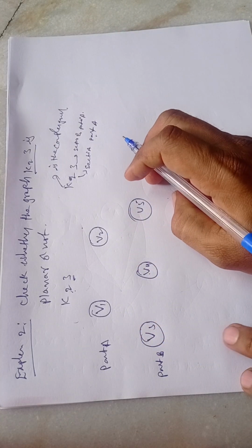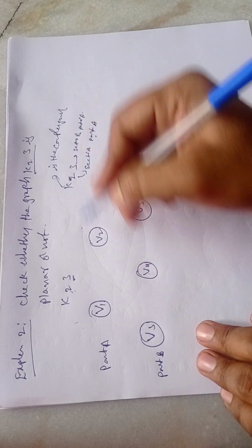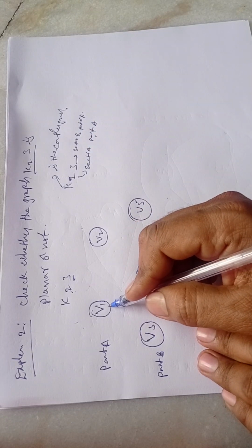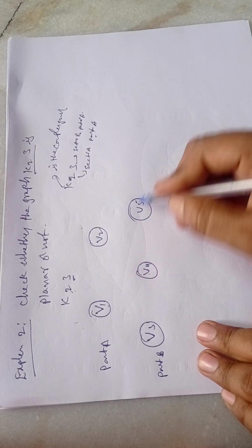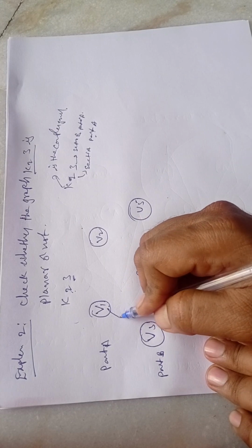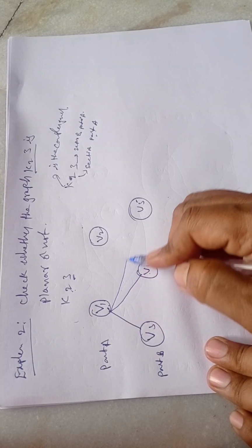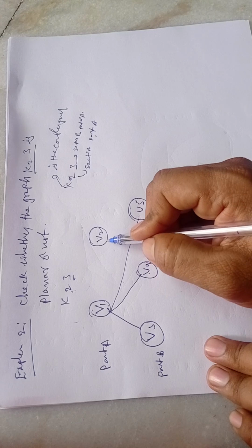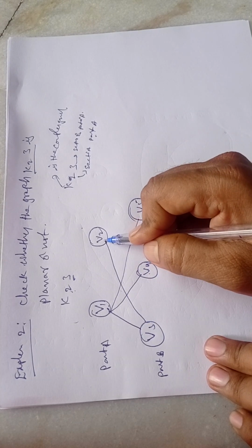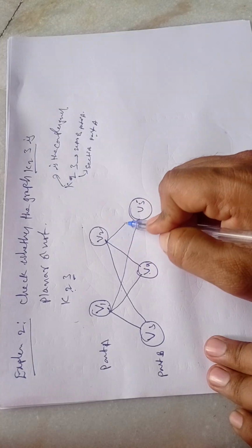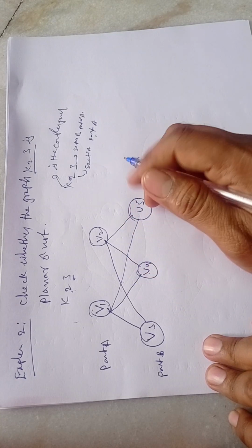So in the complete graph, V1 is connected to all the part B vertices: V1 to V3, V1 to V4, V1 to V5, and V2 to V3, V2 to V4, V2 to V5, so all vertices are connected.